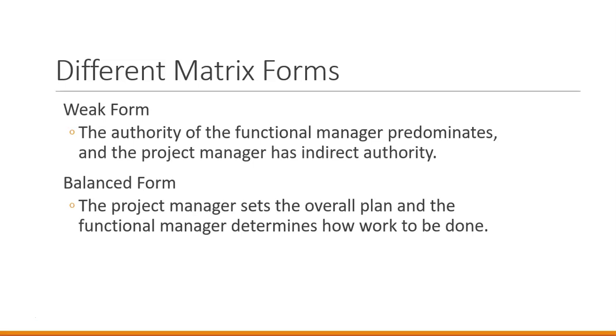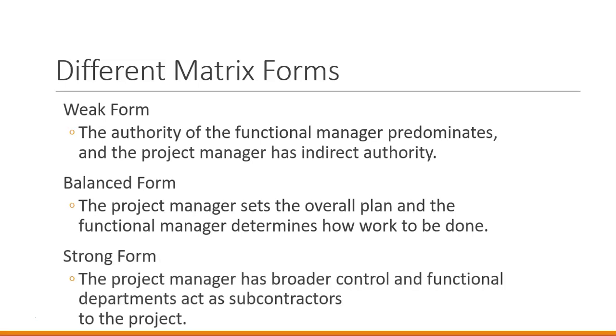We have three different matrix forms. When a matrix system starts, it almost always starts in the weak form. The authority of the functional manager is dominant, and the project manager has indirect authority. The project manager has authority over their individual project, but they don't have any authority over the people working on the project.